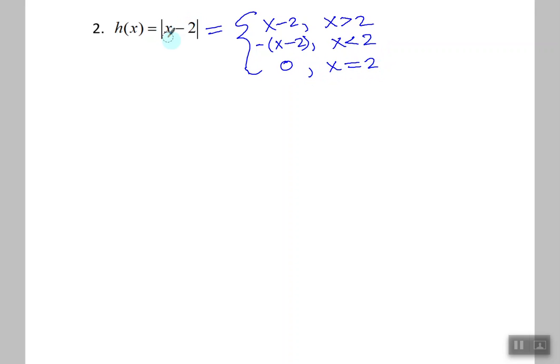Remember, we're looking at where the inside equals 0, and that's how it gives us x equals 2 as that break apart point.